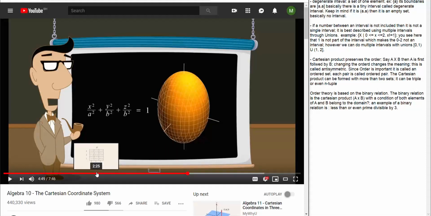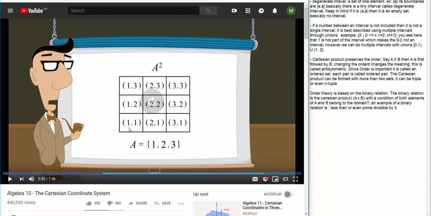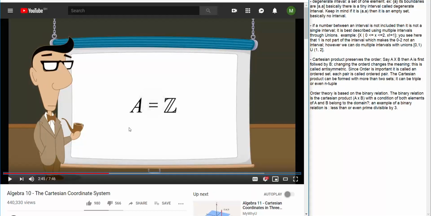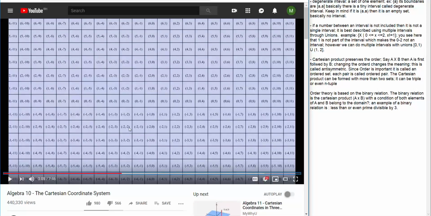So basically, what it says here is that the Cartesian product could be a Cartesian product of the same set by itself, so that's A squared. If instead of taking a finite set of elements, you take an infinite set, say the set of integers, that's Z, and take the Cartesian product of the set of integers with itself, you'd basically create some sort of huge, infinite grid, right?